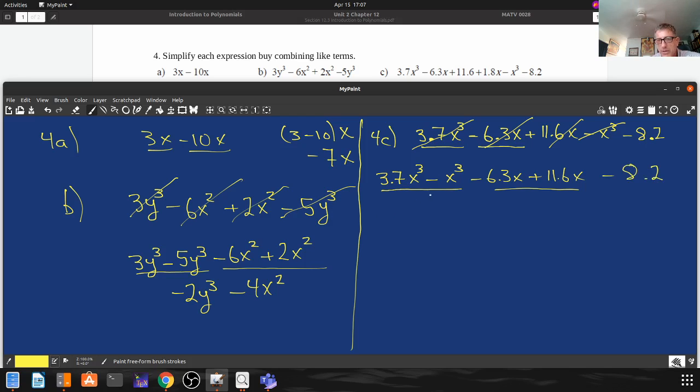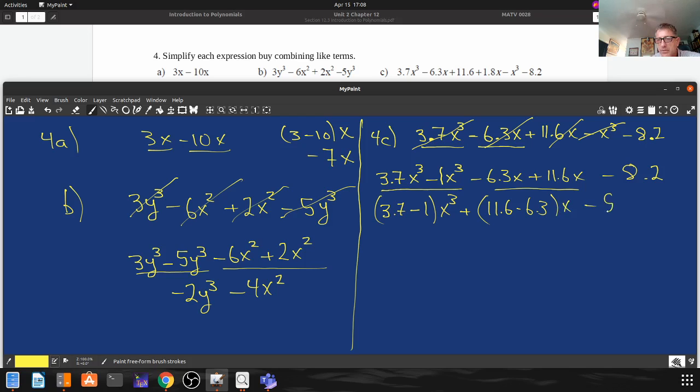So here what we do is notice that the coefficient of minus x cubed is minus 1. So this is 3.7 minus 1 x cubed. Over here, I add the coefficients, which is 11.6 minus 6.3 x.